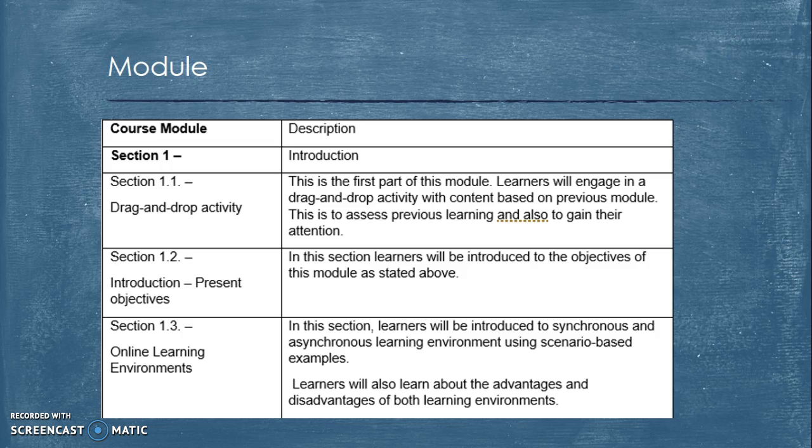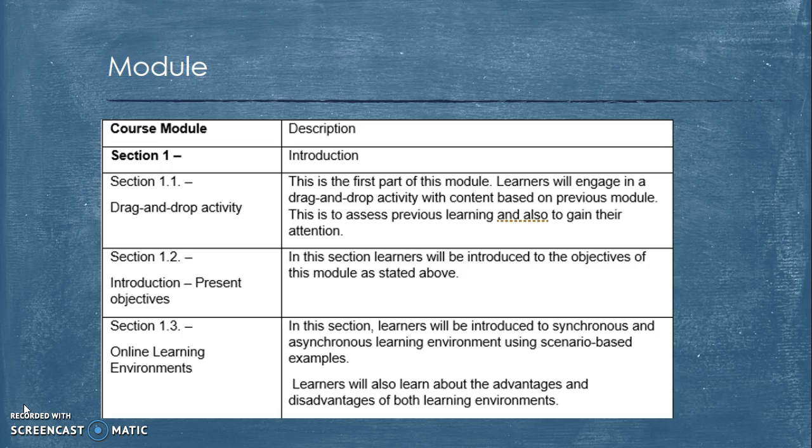So the learners will be asked to do a drag and drop activity of what they've already learned in the previous module. And then they get to section 1.2, where they will be presented with the objectives, and then section 1.3, where they're going to be introduced to online learning environments, and then to synchronous and asynchronous learning environments using scenario-based examples.